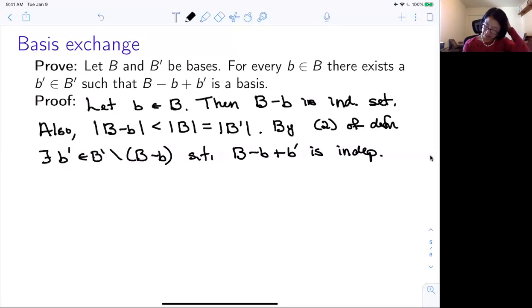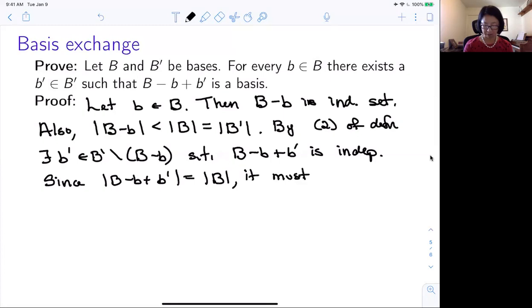And I can see also that since B minus b plus b prime has the same cardinality as B, it must be a basis. Because it's an independent set, and it can't be strictly contained in another independent set, since all bases have the same size, right?